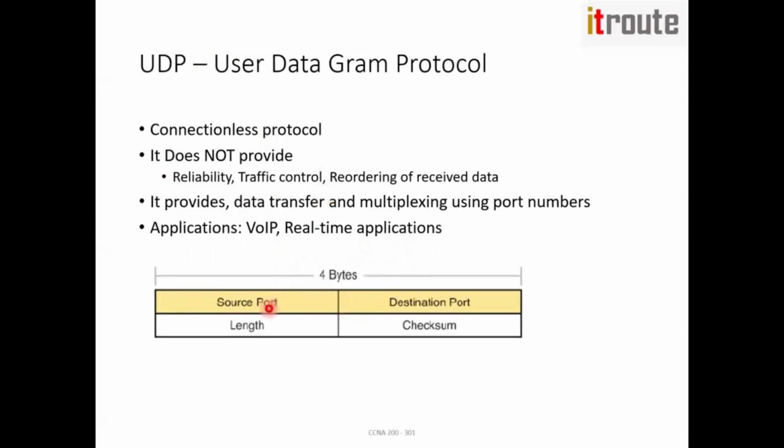In UDP we have source port and destination port, length and checksum. All these things are part of our UDP protocol. You can see that UDP also uses 4 bytes similar to TCP, but it only deals with the port number. It doesn't have other functionalities or features.